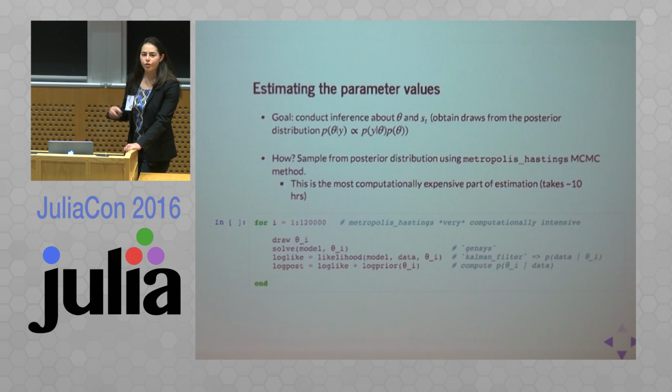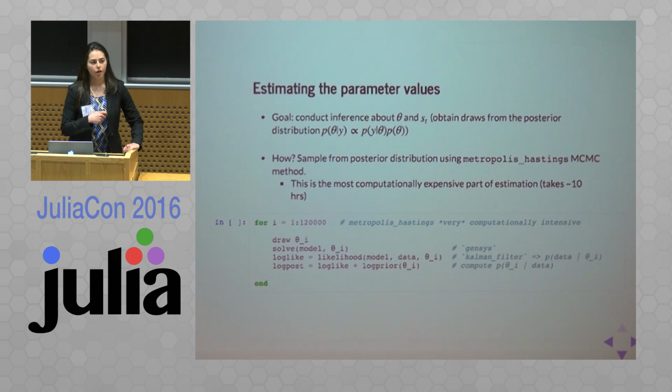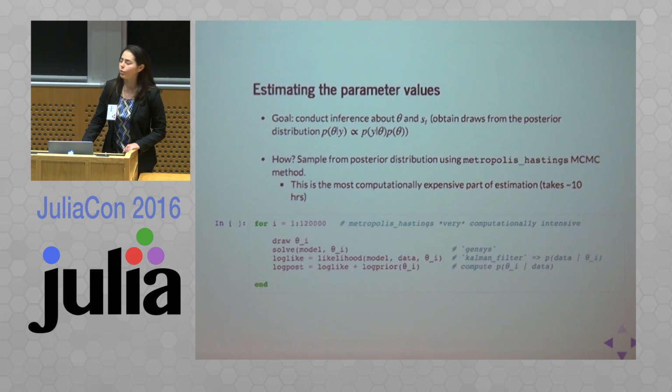We go through this loop 120,000 times, just the number of times we happen to do it. And every time we draw some parameter theta, and then we solve the model using gensys using that particular draw of theta. We compute the likelihood, we use that to compute the posterior, and then we do it again. And we do it a lot of times. And so this takes us maybe around 10 hours.